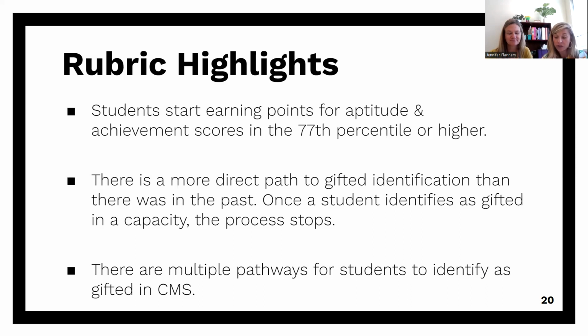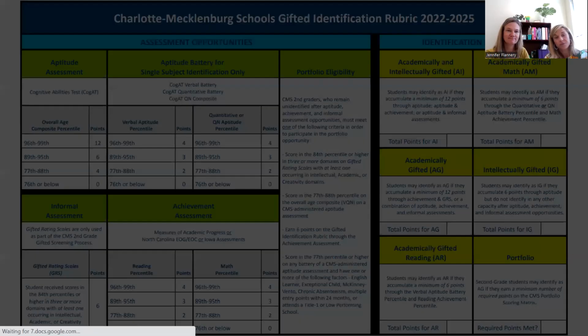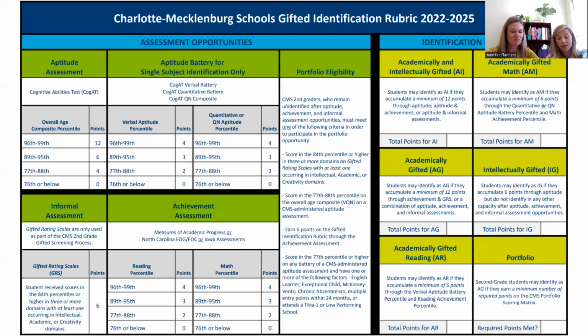And there are multiple pathways for students to identify as gifted in CMS. This is our gifted identification rubric, and again, there are many different pathways in identifying as gifted in CMS through all the different ways we're discussing. And if you have any questions on that as the process begins, we are happy to answer them.